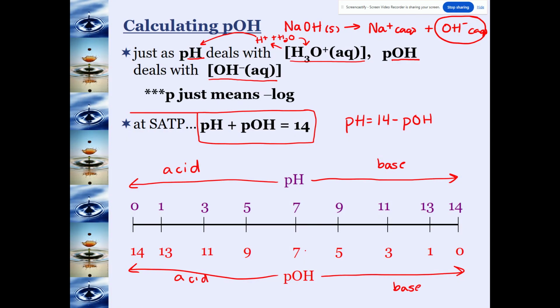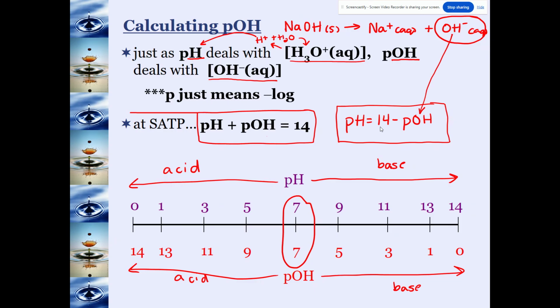So the two, again, are opposite of each other, but at any point, you can add them together, and they're going to add up to 14. Okay, so that's a very useful formula to find pH if you have a basic compound and hydroxide ions. Once you take the negative log, you get the pOH. You then subtract it from 14 if the question asks you for the pH.